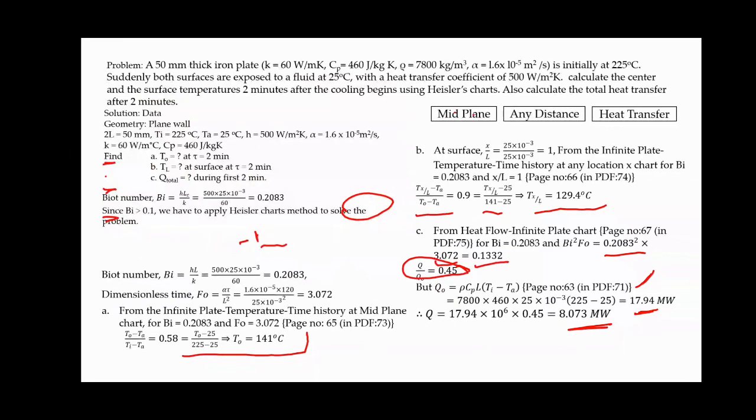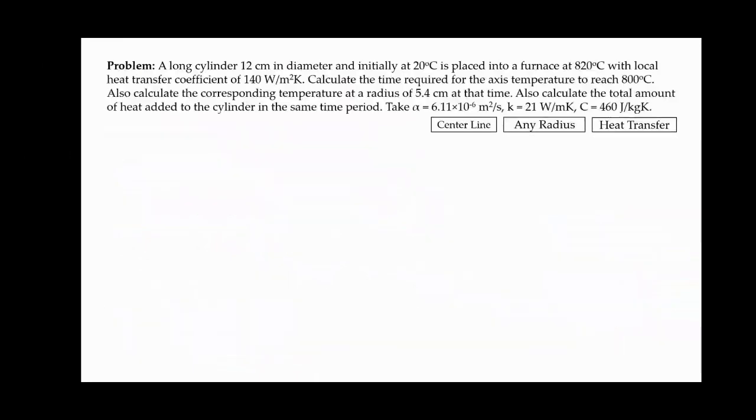We will solve one more problem for cylinders. In this problem we have a long cylinder of 12 cm in diameter, initially at 20 degrees Celsius, placed into a furnace at 820 degrees Celsius with a local heat transfer coefficient of 140 watt per meter square Kelvin. Calculate the time required for the axis temperature to reach 800 degrees Celsius.